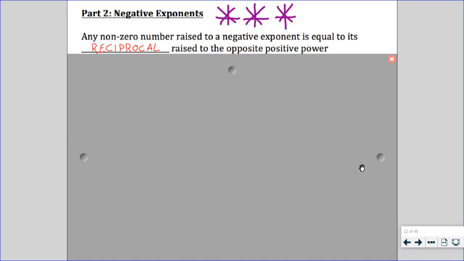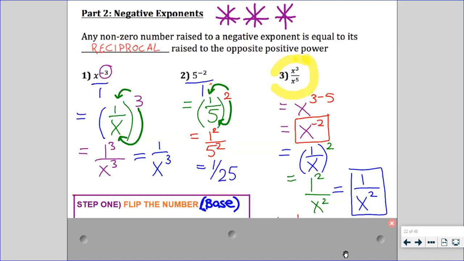What does that mean? What did you learn in elementary school about the meaning of the word reciprocal? Anyone know what the reciprocal means? You may remember it from unit 1 when we talked about dividing fractions.